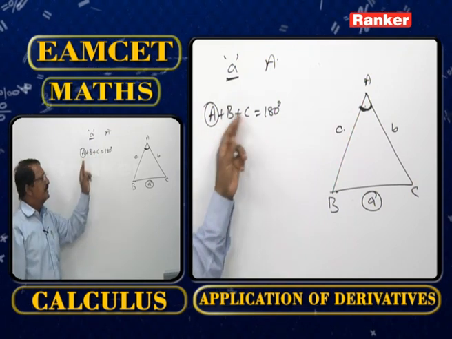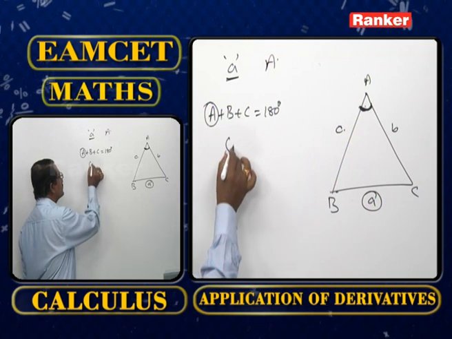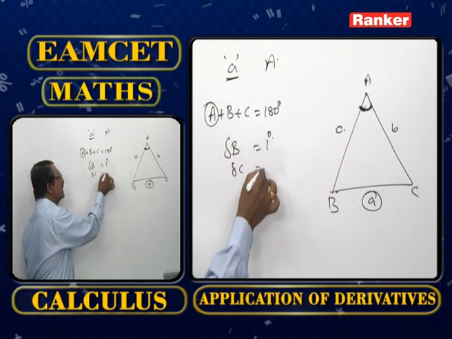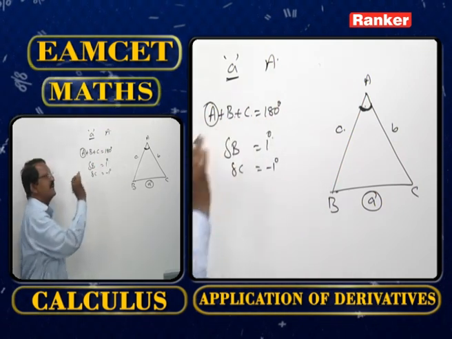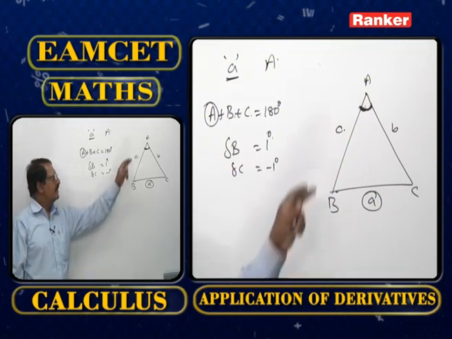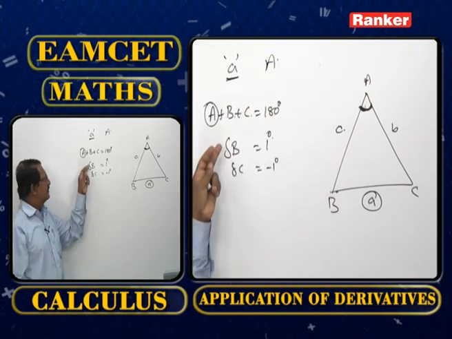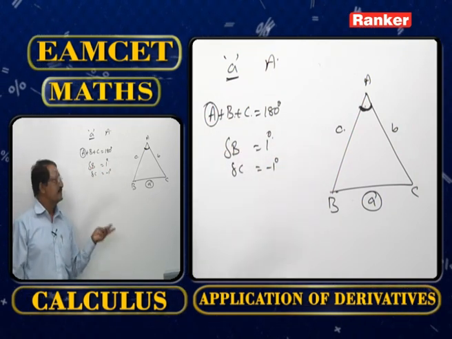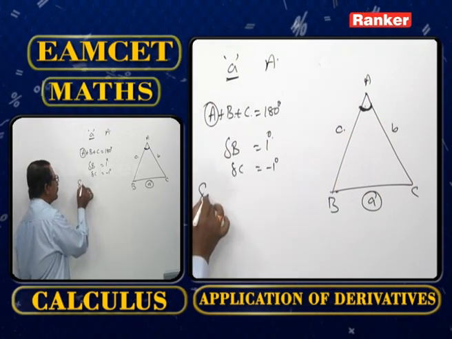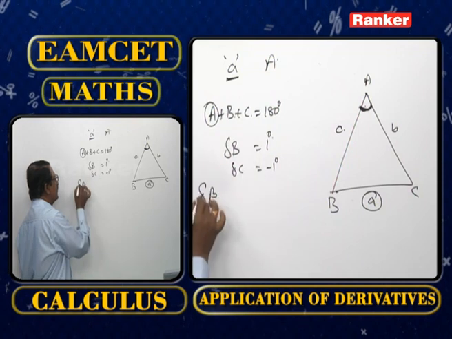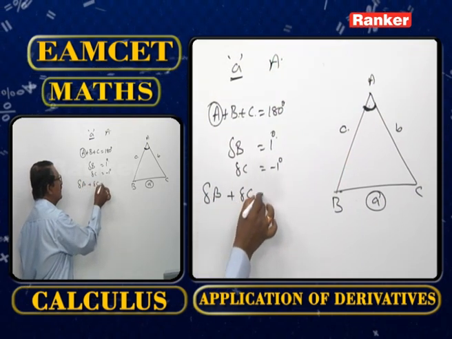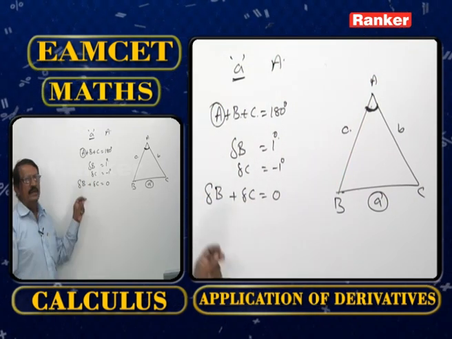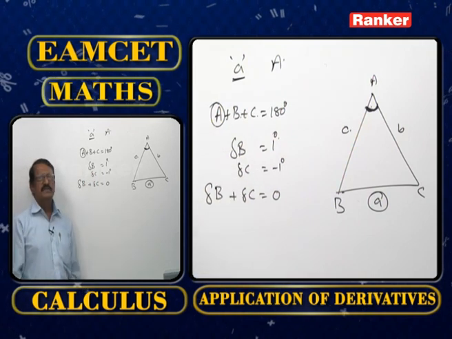If the change in B equals 1 degree, then delta C equals minus 1 degree, because the sum of angles in a triangle is always 180. If angle B increases by 2 degrees, angle C decreases by 2 degrees. So delta B plus delta C must be 0.